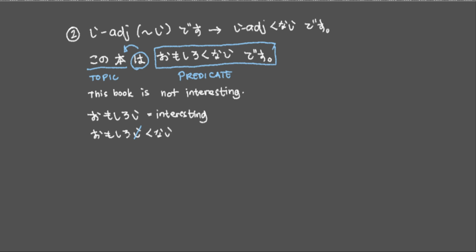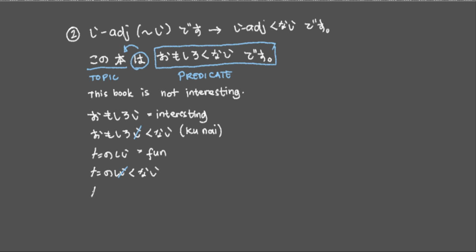Replace the e at the end and add くない. 面白くない. Then 楽しい, fun, becomes 楽しくない.